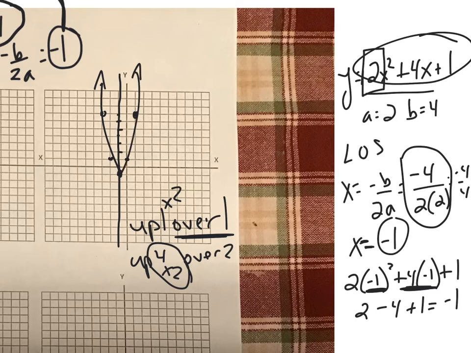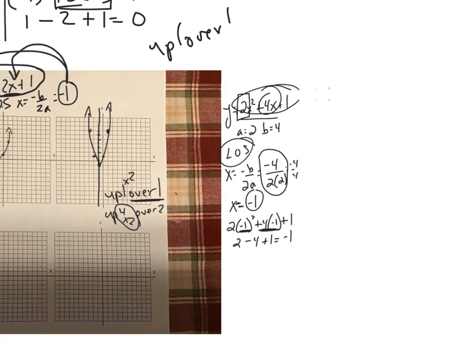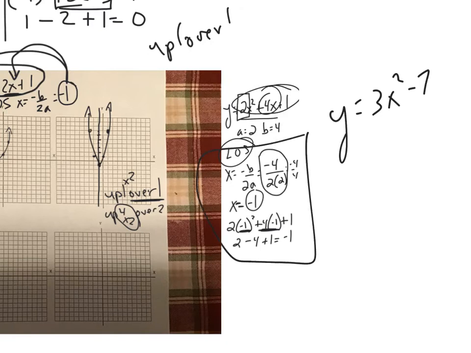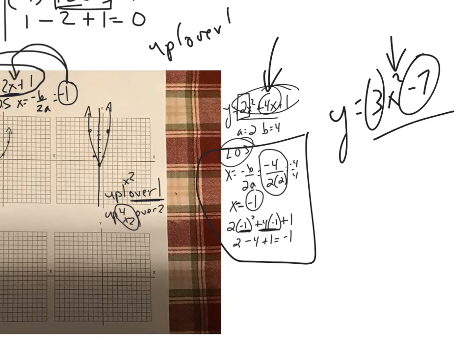Okay? So when we get this x term, it gets a little bit hairier. We have to do this guy. If we don't have him, if we just have y equals 3x squared minus 7, we don't need to do any of this. We can start at negative 7 and then triple the pattern. That's really easy to do. But as soon as I throw in this x term here, you know, this guy has an x squared, but there's no x in there.